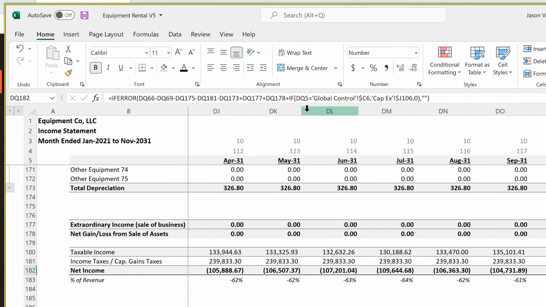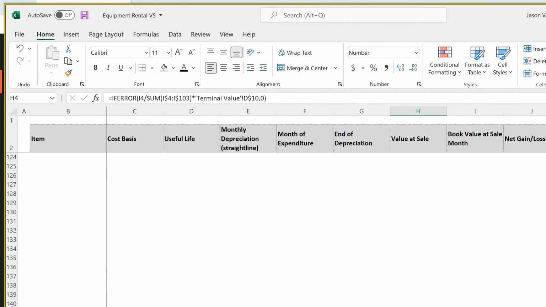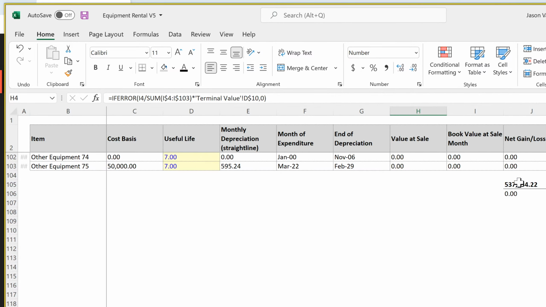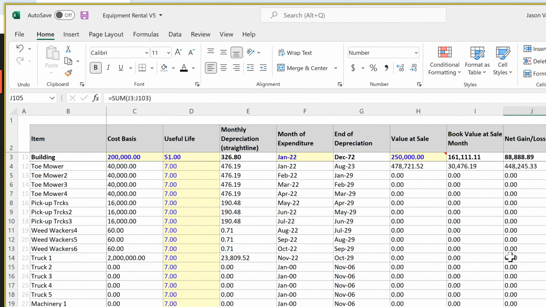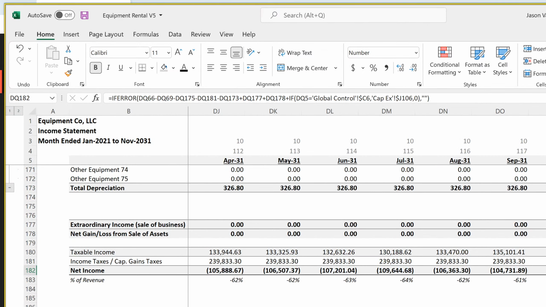All right, so it's the last month. CapEx J106. I think that's the amount, right? 537, which includes both of these. Where is this 478 missing at?